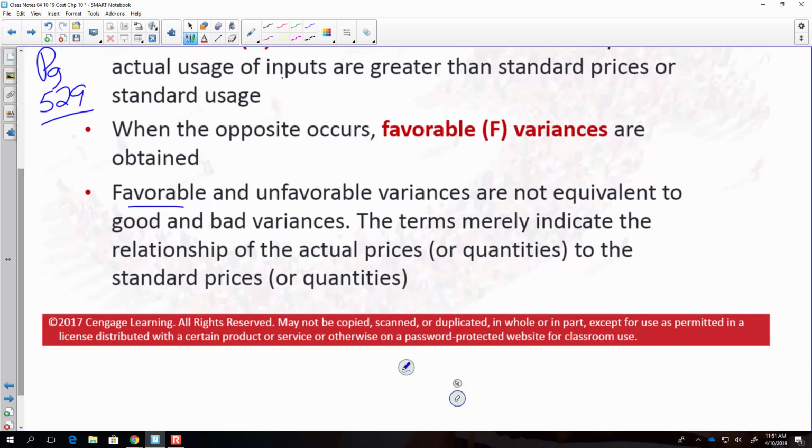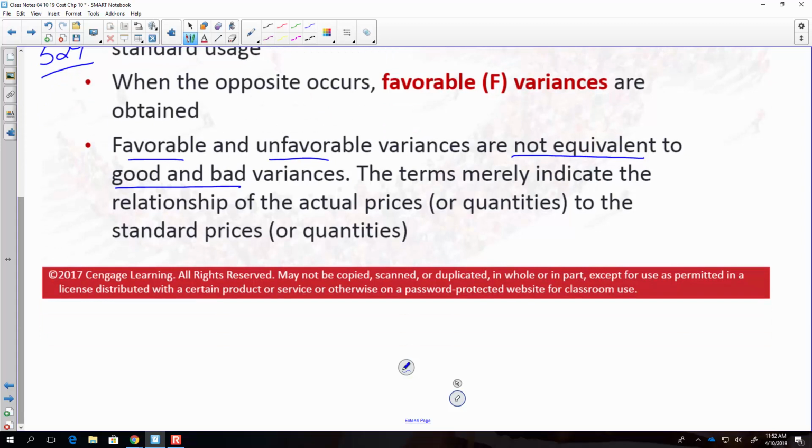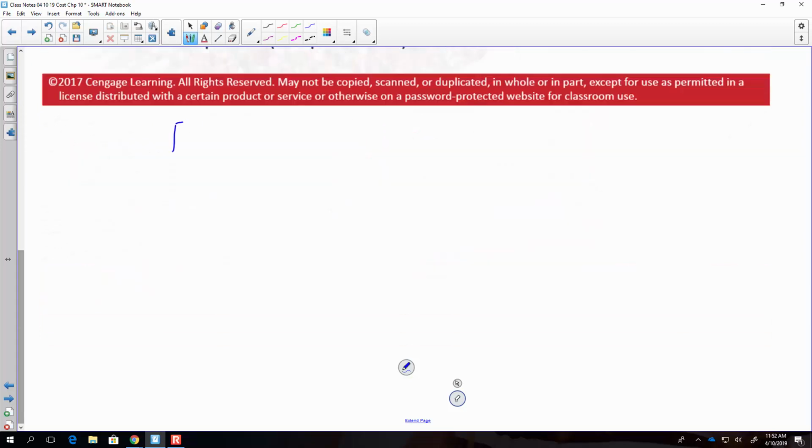The words favorable and unfavorable are not equivalent to good or bad. Just because we call something unfavorable doesn't mean it's bad. And just because it's favorable doesn't mean it's good for our operation. So let's say I had a favorable efficiency variance.